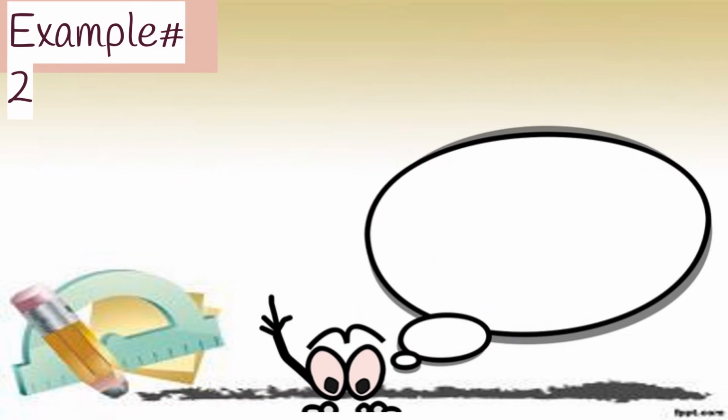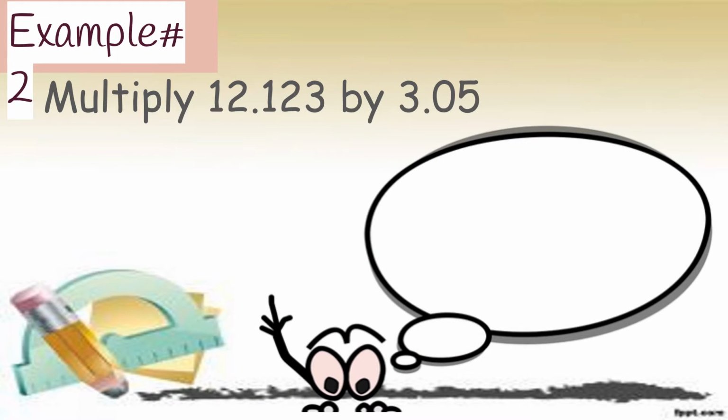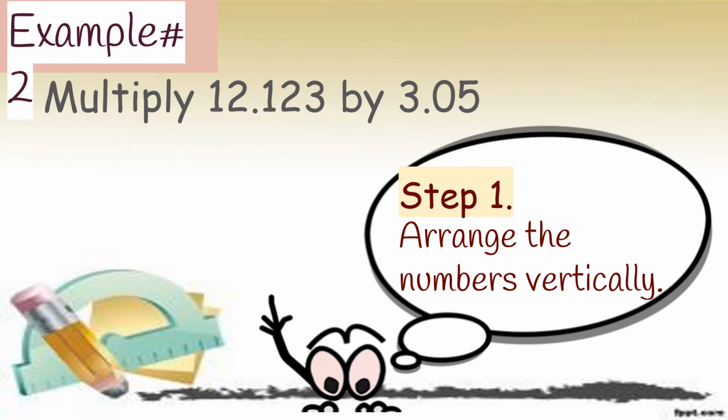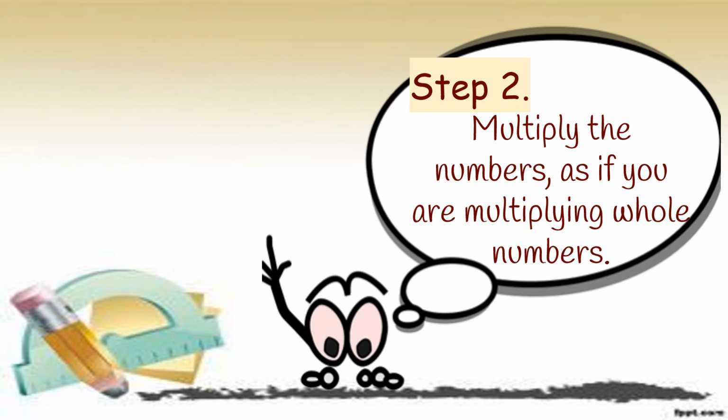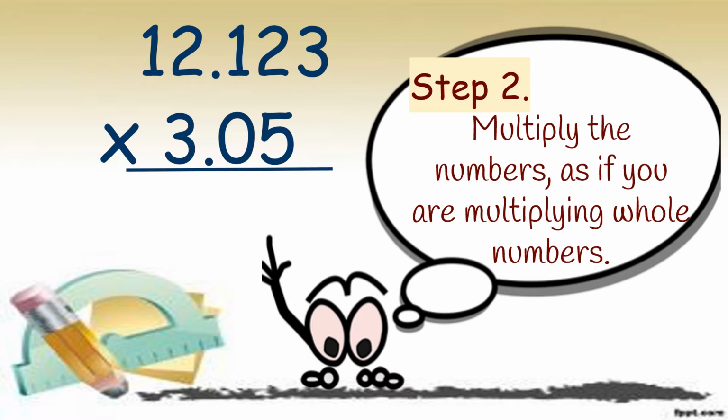Number 2. Multiply 12.123 by 3.05. Step number 1 is to arrange it vertically. Then multiply the numbers as if you are multiplying whole numbers. So we have 12.123 times 3.05.